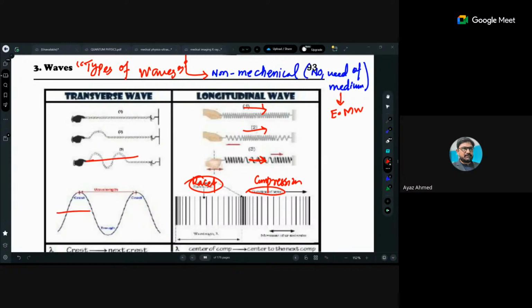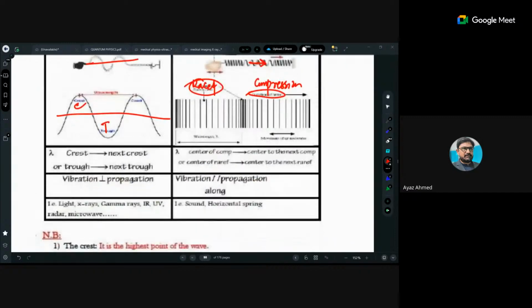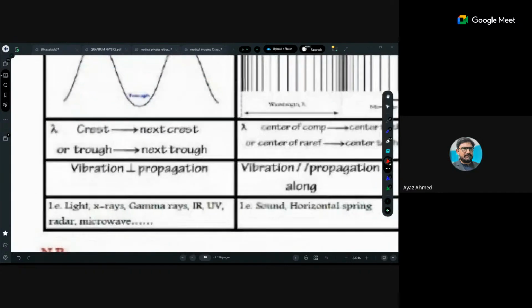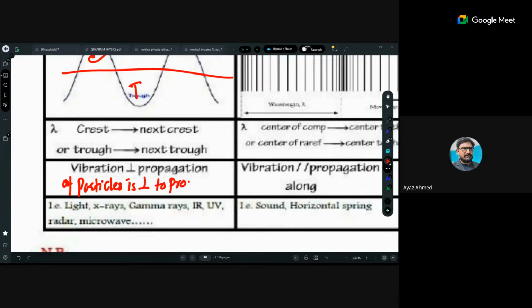So here are the crests and troughs. The vibration is perpendicular to the propagation in transverse waves. So here you can write: vibration of particles is perpendicular to propagation of wave.